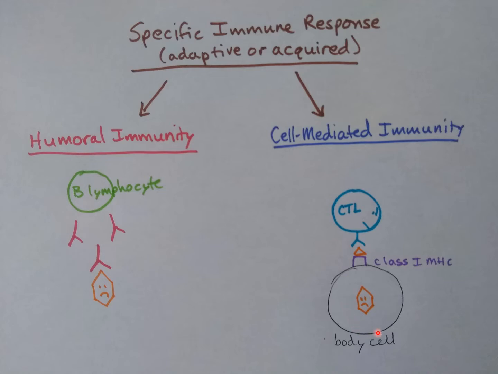So maybe this cytotoxic T lymphocyte recognizes cells that are infected with the measles virus. So if it finds a measles infected cell, it will then kill that infected body cell. And other cytotoxic T lymphocytes will recognize other pathogens or certain cancerous cells or transplanted cells.